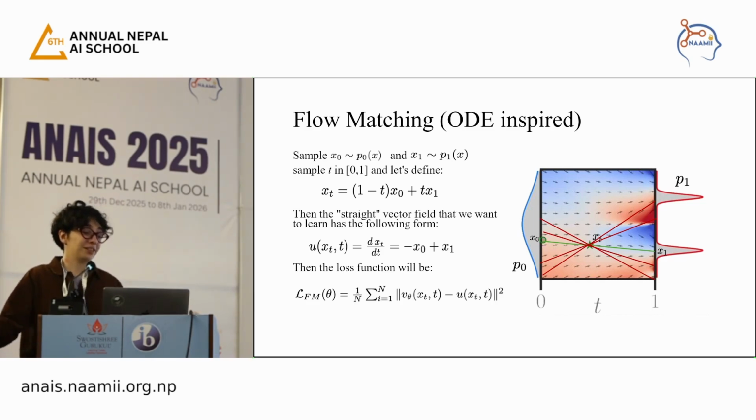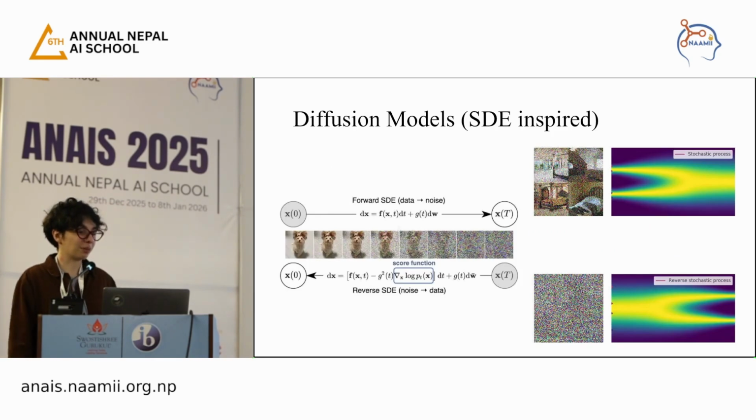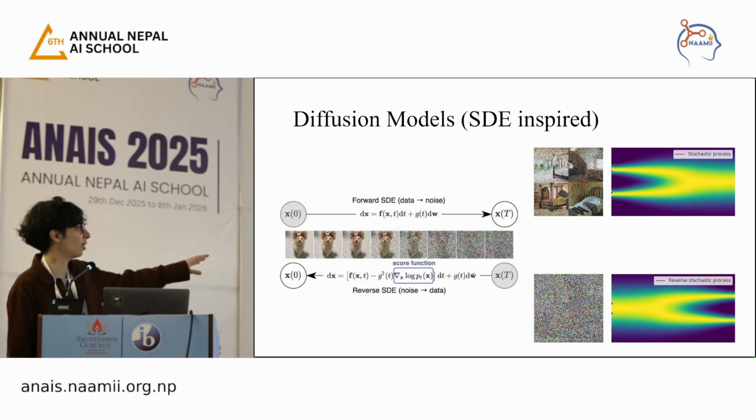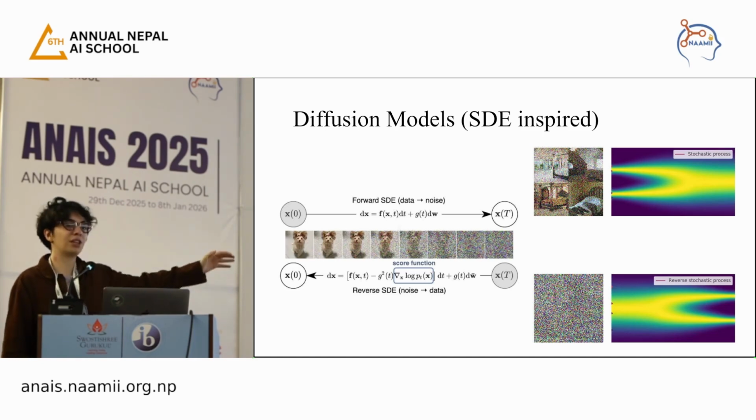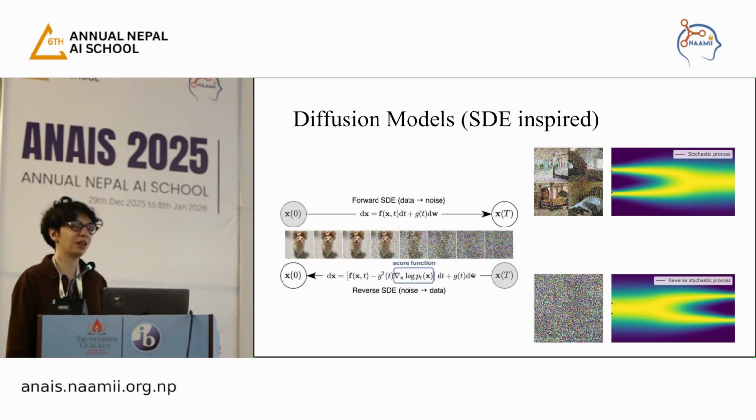And now, this beautiful paper from Yang Song, the score matching diffusion models paper. They say, I have some SDE that if I run forward, I will arrive at a Gaussian, and then theory tells me that there exists a reverse SDE that can take us from the Gaussian to the data.